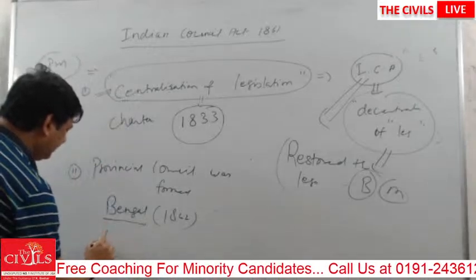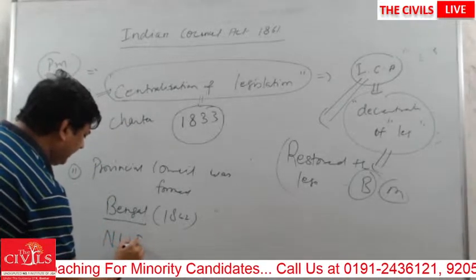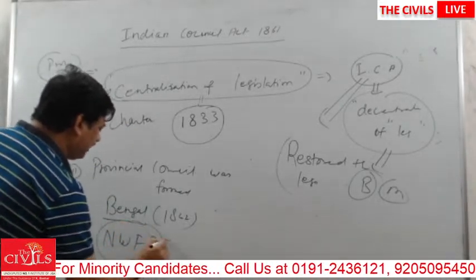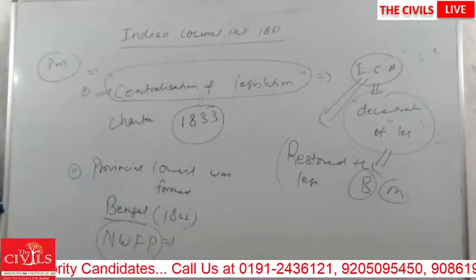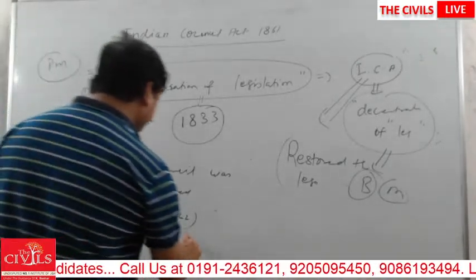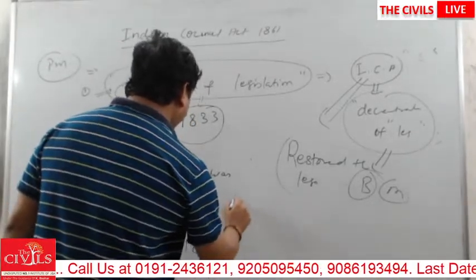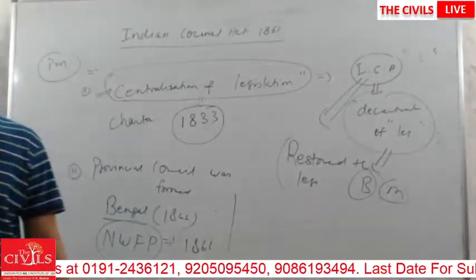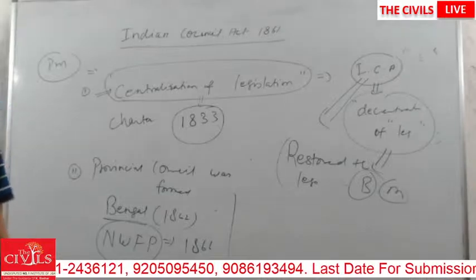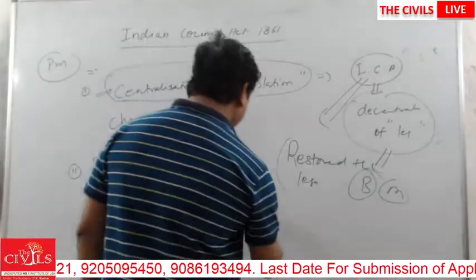Then it was formed in the Northwest Frontier Province, now in Balochistan, in 1886. And later it was formed in Punjab and Burma in 1897.